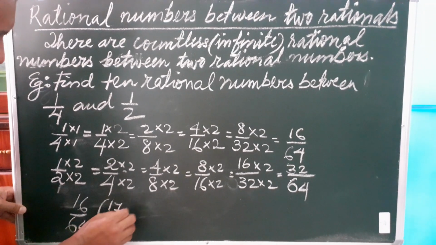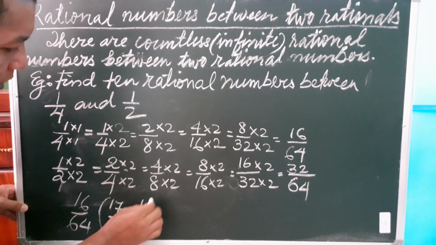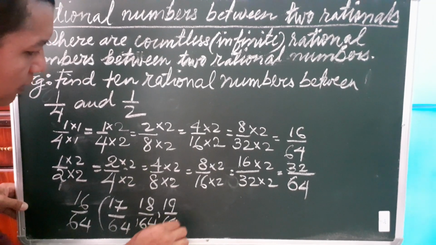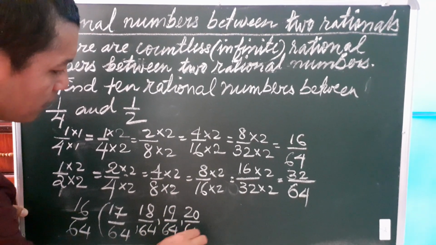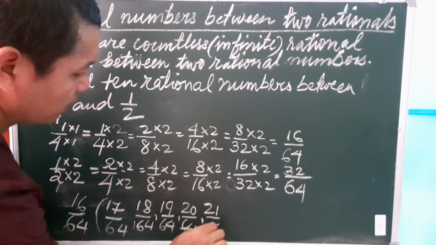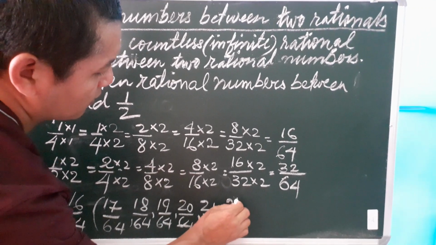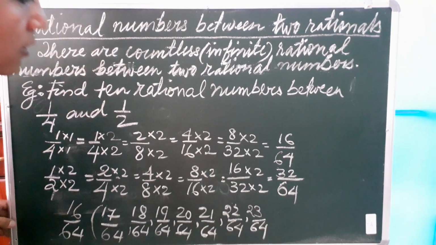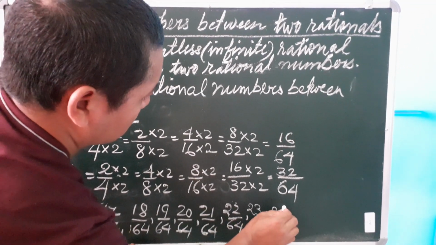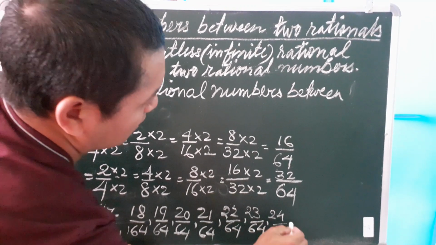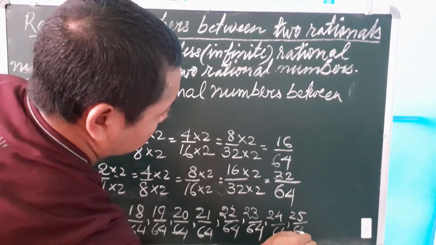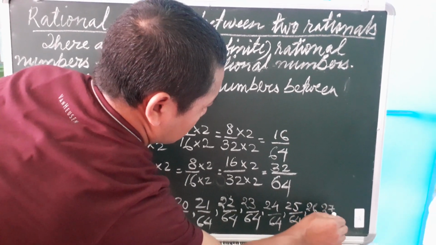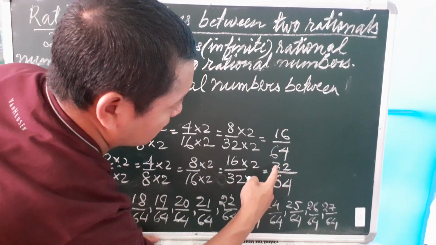You can take 17 by 64, 18 by 64, 19 by 64, 20 by 64, 21 by 64, 22 by 64, 23 by 64, 24 by 64, 25 by 64, 26 by 64, 27 by 64, up to 31 you can write.